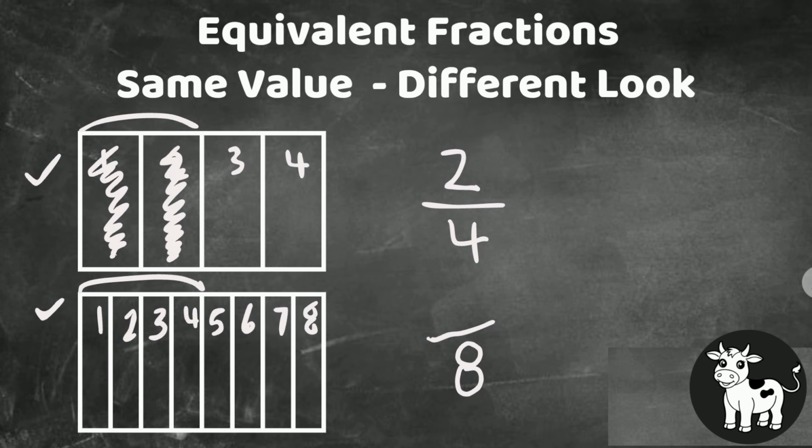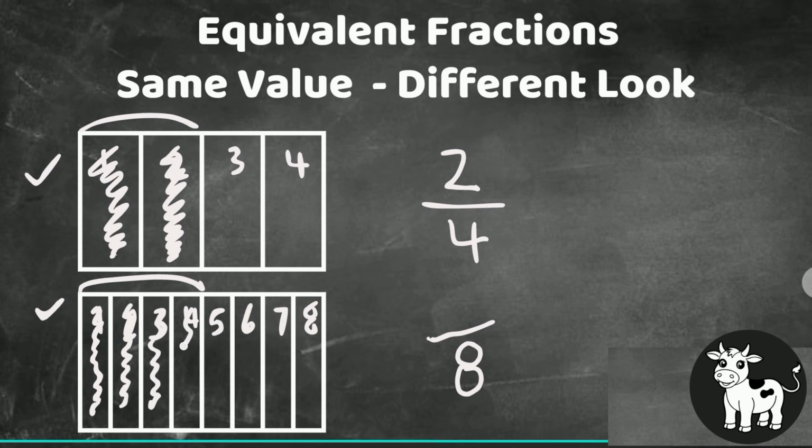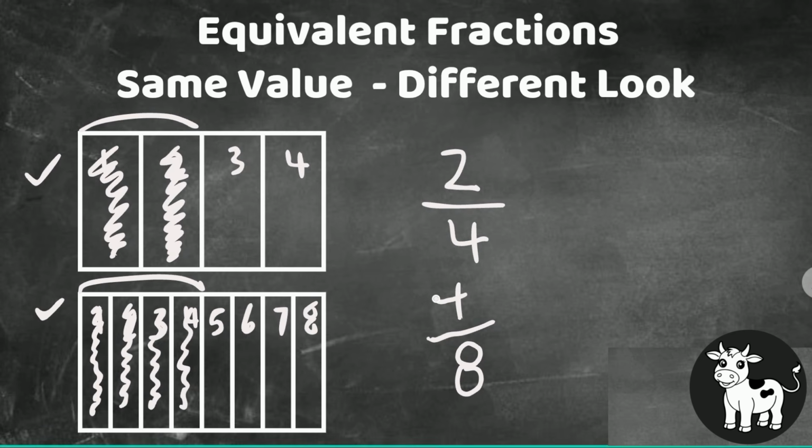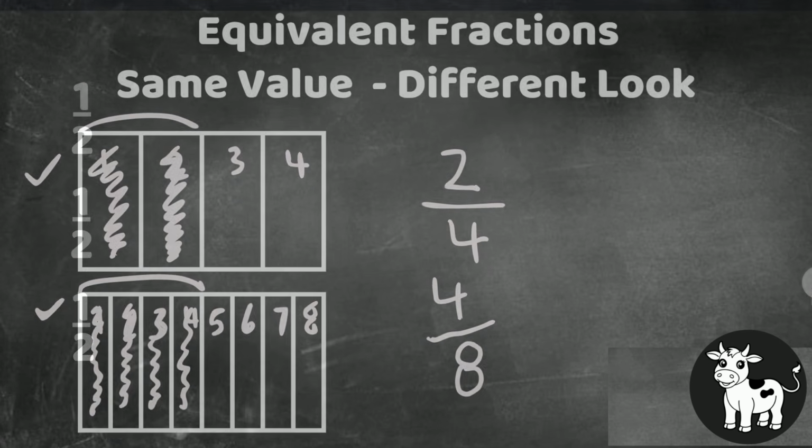Okay, and let's see how many of these parts we have. We have 1, 2, 3, 4. And so the top number, the numerator, will represent 4. Notice that they are, again, same value, same size, different look.